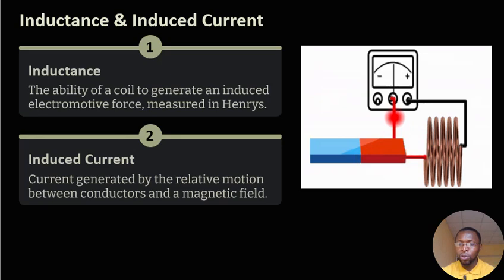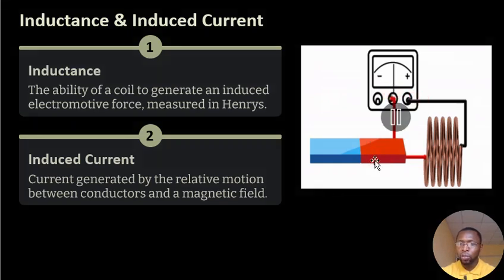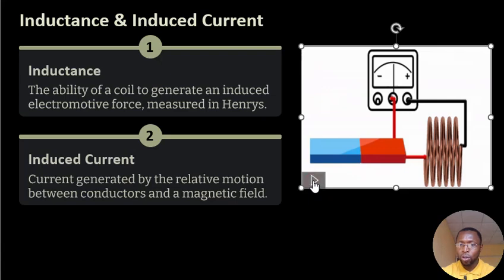And how do you know that? Because when current is induced, this ammeter will deflect, showing that there is an induced current. All right. So that's how it works. When there's a relative movement between the magnet and the coil, current is induced into the circuit, and that's what we call the induced current.